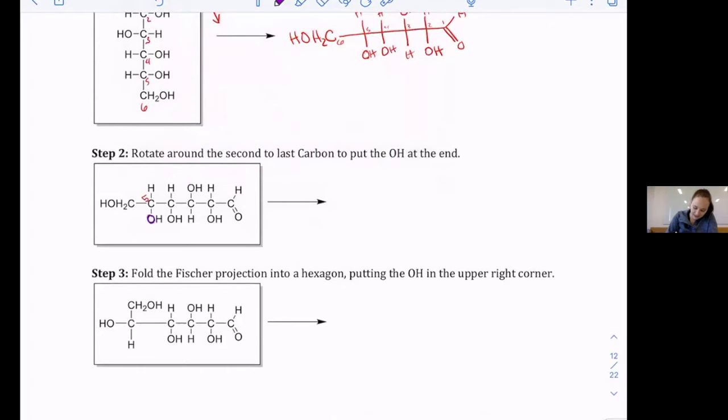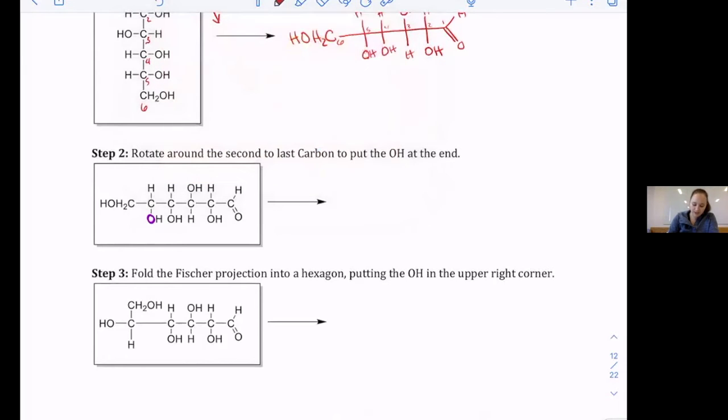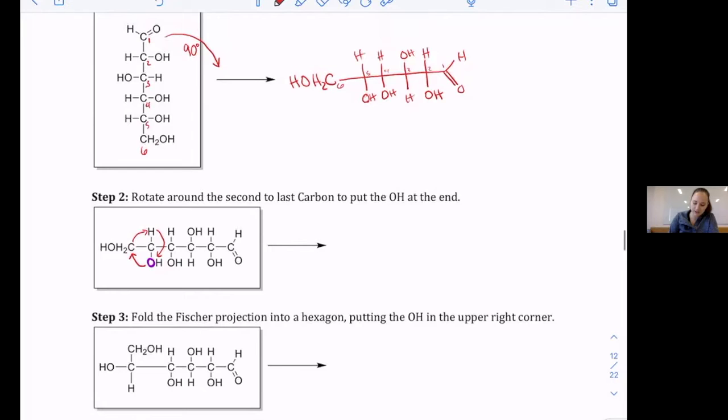I'm going to erase this 5 just to be clear. In order to do that, I'm going to take this oxygen and move it to where that carbon was. This carbon is going to move where the hydrogen was, and then the hydrogen is going to move where the hydroxyl was. Okay, so now let's redraw that.